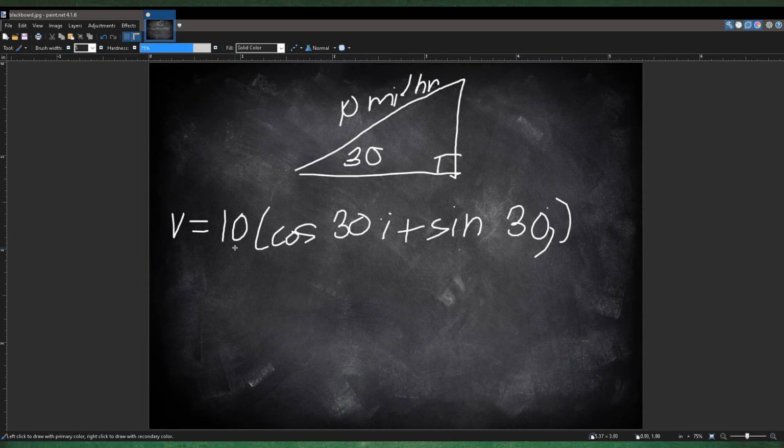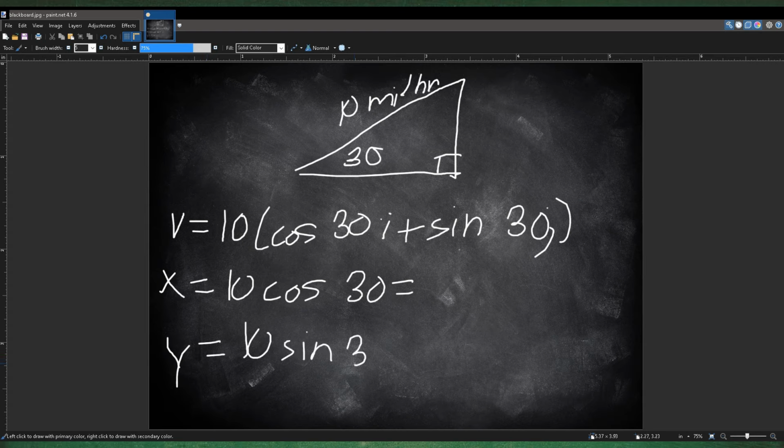So now you just need to find the x, which is the i. So whatever is in front of the i is basically the speed. So 10 times cosine of 30 is the x speed, and the y speed would be 10 times sine of 30. Cosine of 30 is square root 3 over 2, so the speed of x is 5 square root 3.